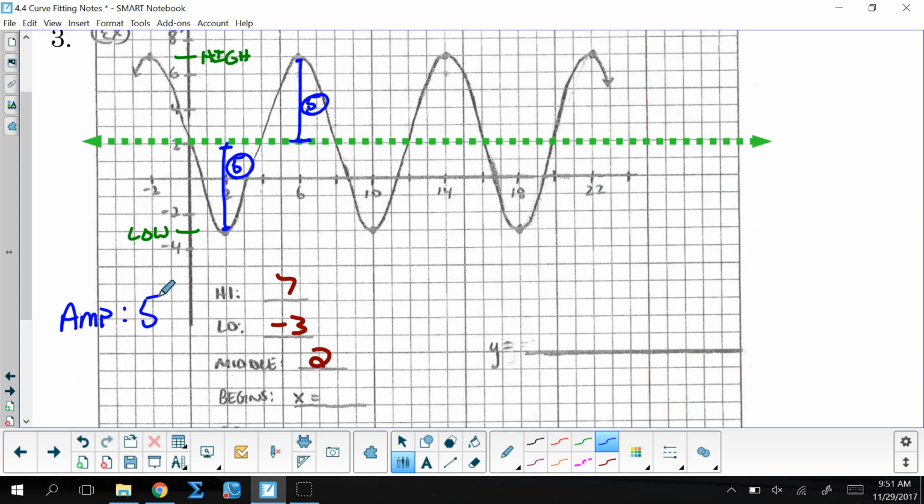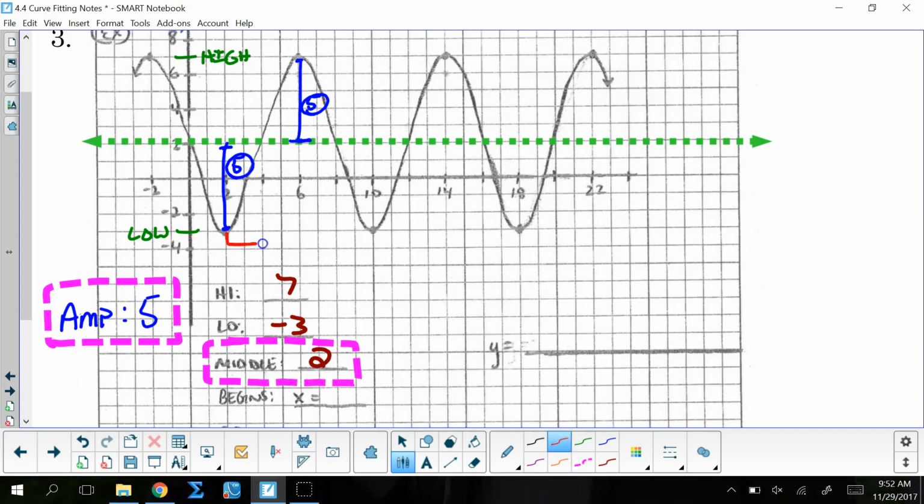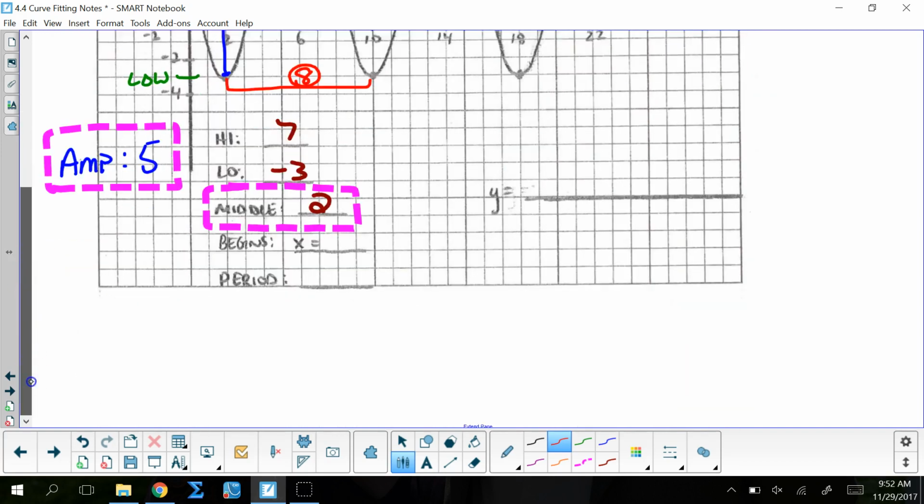So I got an amplitude of 5. I got a middle at 2. Right? Okay? So I get a period then of 2 to 8, so that's 8. Agree? With a period length being 8.